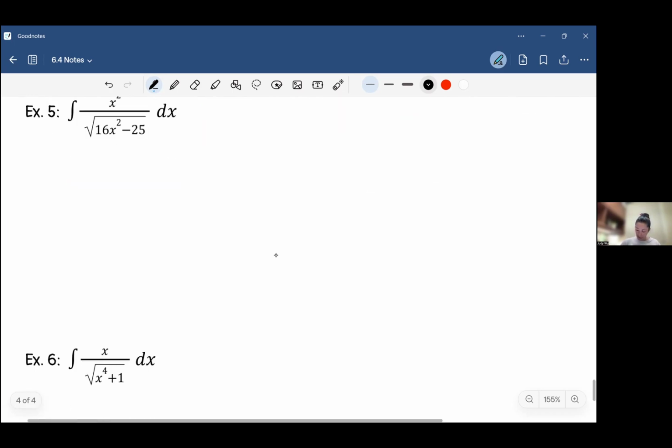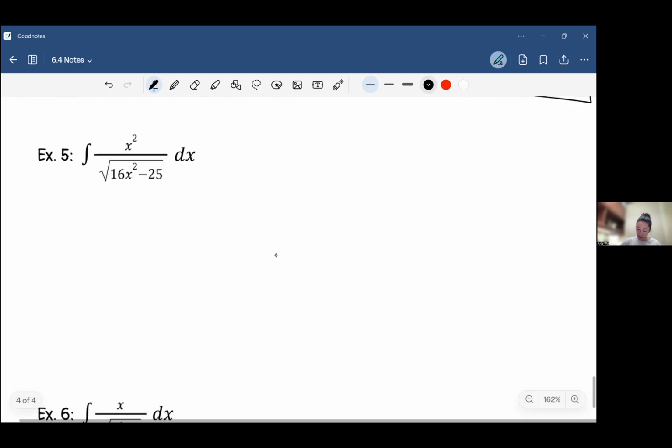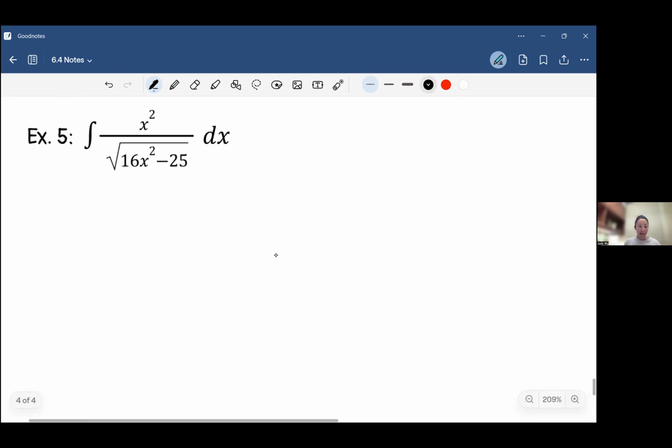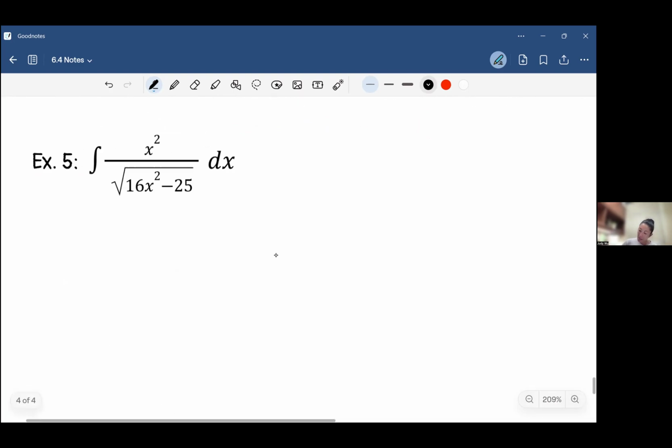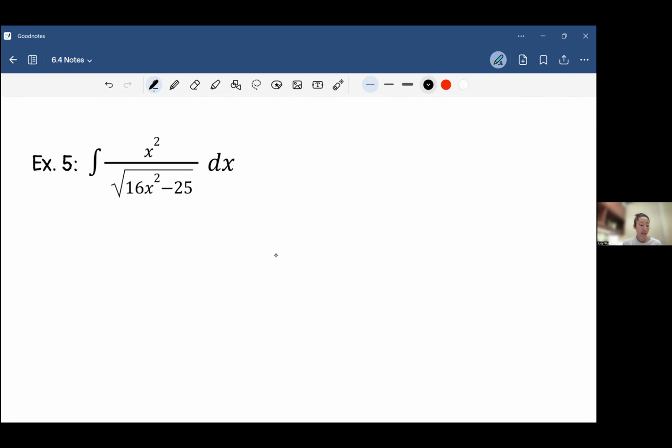All right, looks like we've got 2 more examples here. So let's take a look at example 5: the integral of x squared over the square root of 16x squared minus 25 dx. Now, if we look at the formulas, we could look for a long time and might not find one exactly like this.